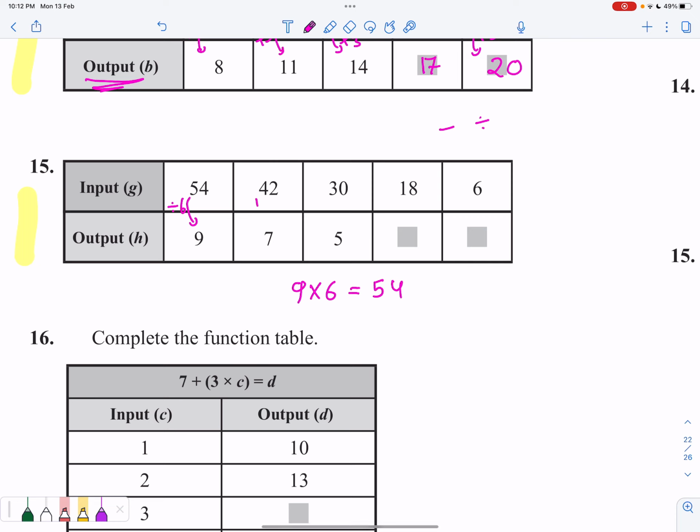Also the 42, if I divide it by 6, I will get 7, because I also know that 6 times 7 equals 42. Also here, the 30 and the 5, I know that 5 multiplied by 6 equals 30. So to change from 30 to 5, I divided by 6. So this means that each time we're dividing by 6.